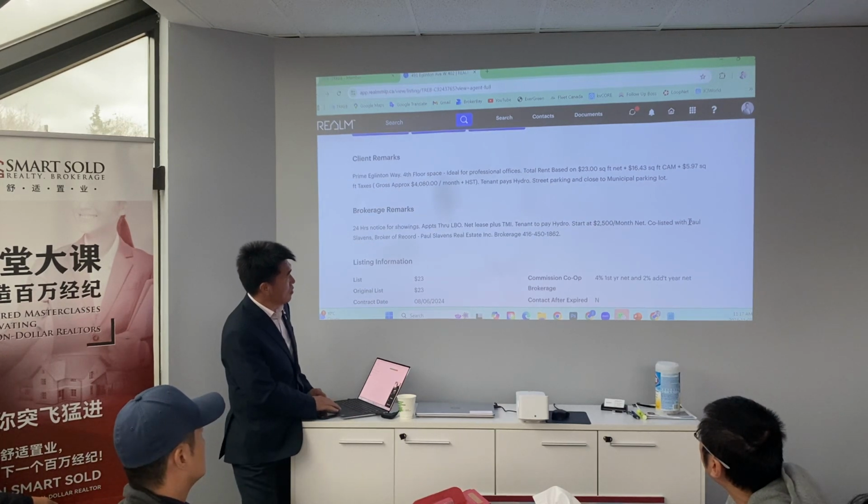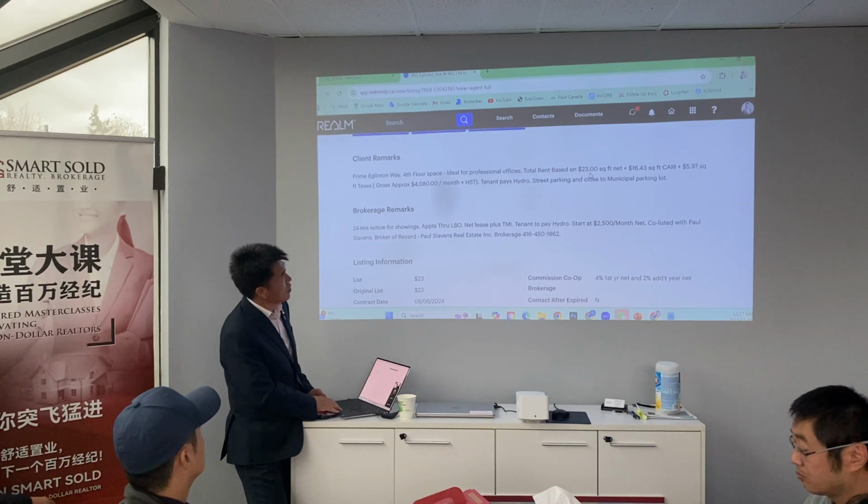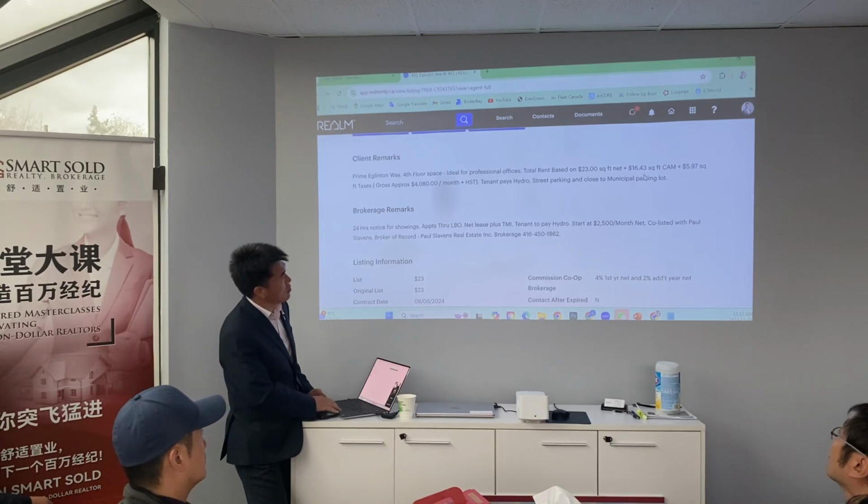For this one, I think, see, the listing agent said the total rent is based on $23 per square foot net, plus $16-something per square foot CAM, plus $5.97 taxes.